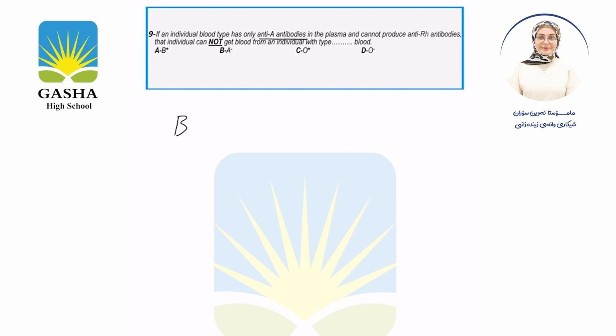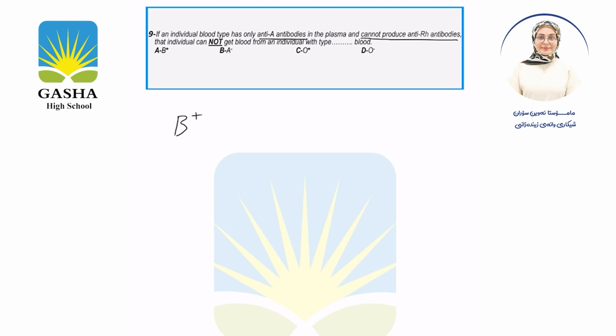And let's determine the Rh. After that, it wrote that it cannot produce anti-Rh antibody. Because it cannot produce Rh antibody, we know it is positive.